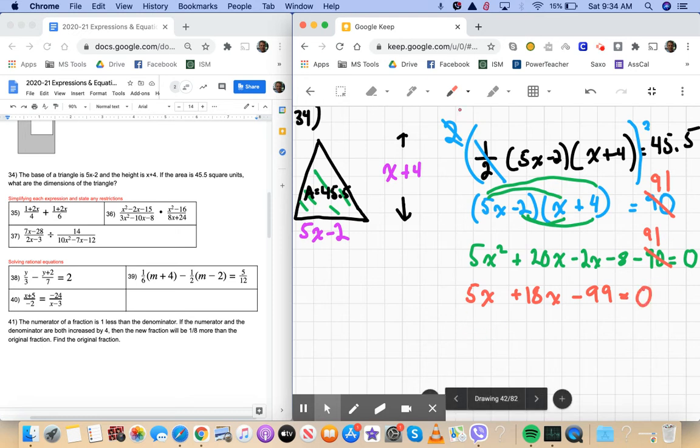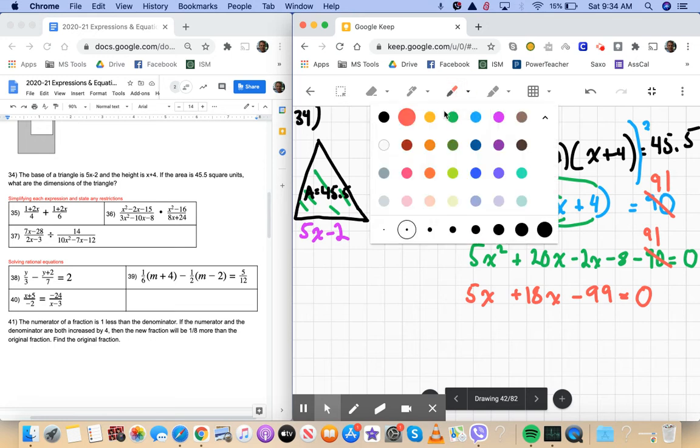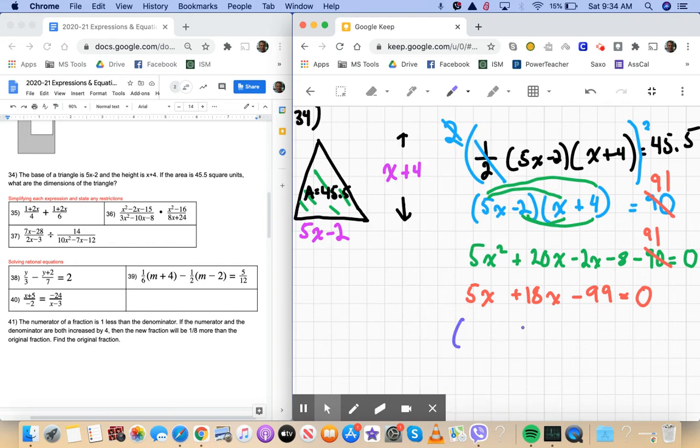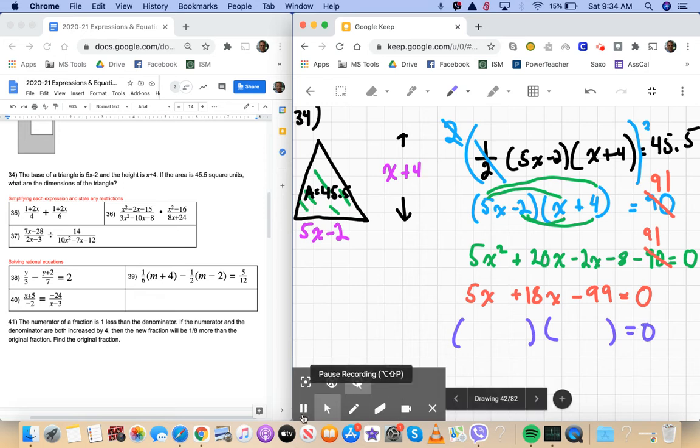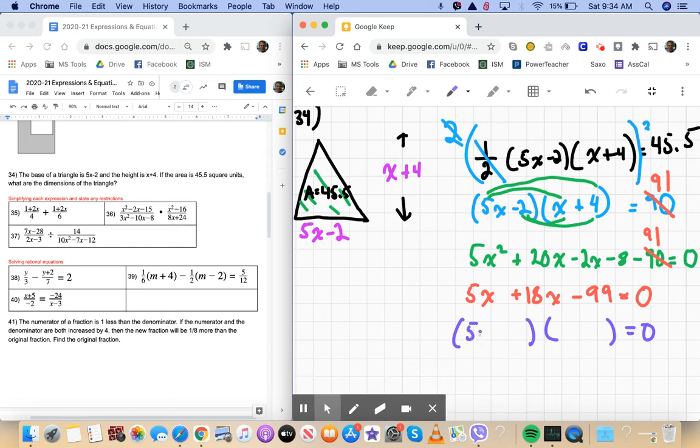So now we're going to try to factor this. Let's see. How can we factor this? Well, we know this has got to be 5x, and this is x. And let's think about some factor pairs for 99.